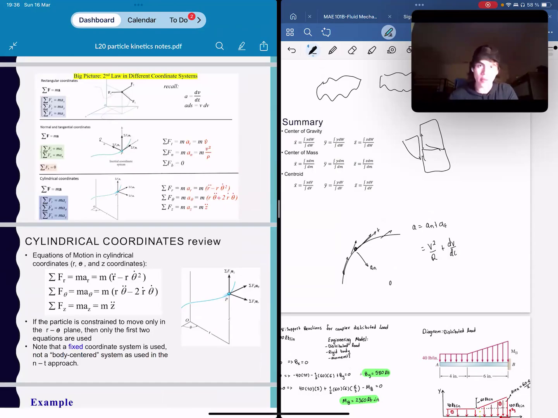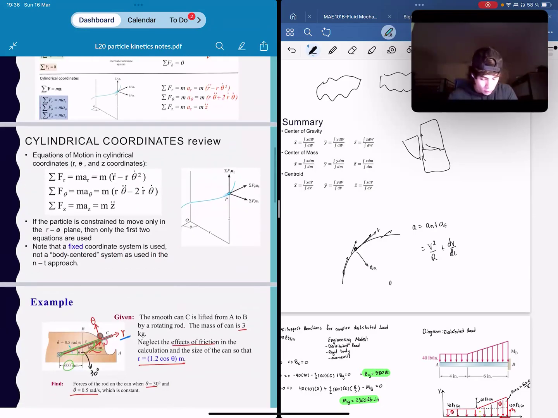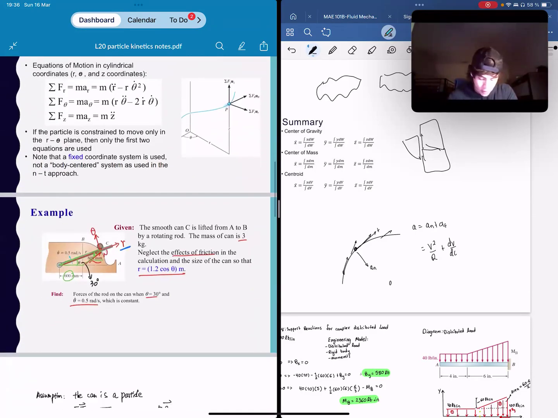So on the homework or in the examples in the same lecture, we were able to get the acceleration before we got the forces, and then with the acceleration, the mass, and some other forces, we were able to solve for the unknown force, right?